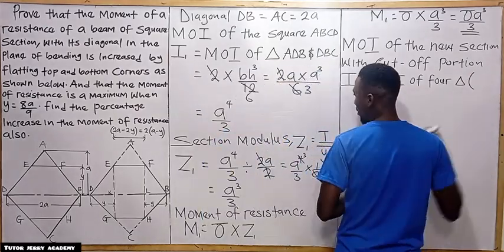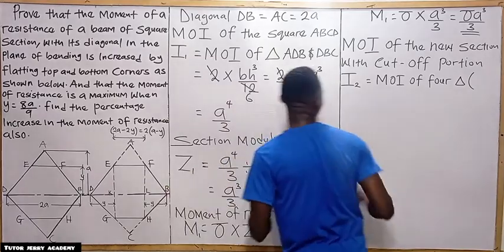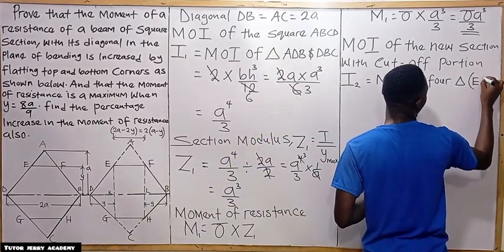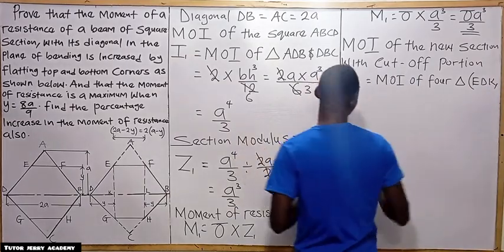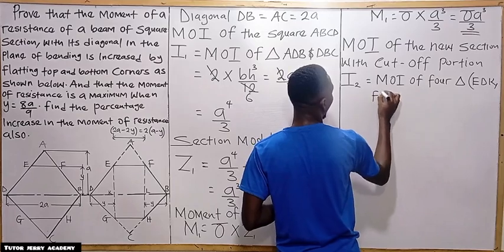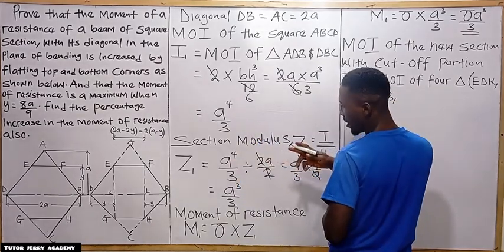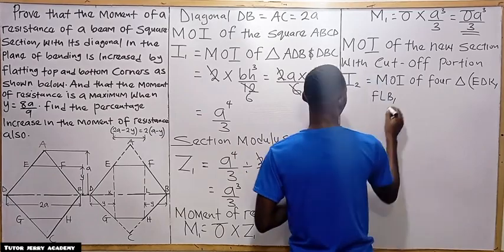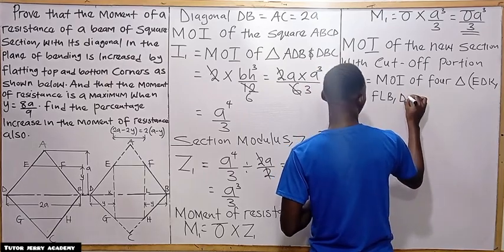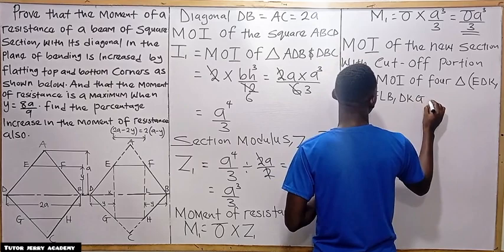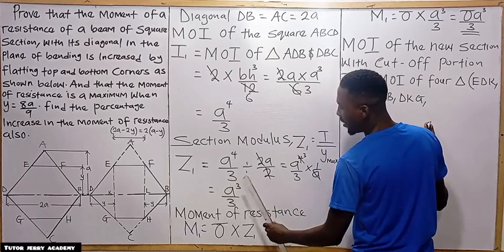The first triangle is triangle EDK, and the triangle FLB, and triangle DKG, and the last but not the least is triangle LBH.